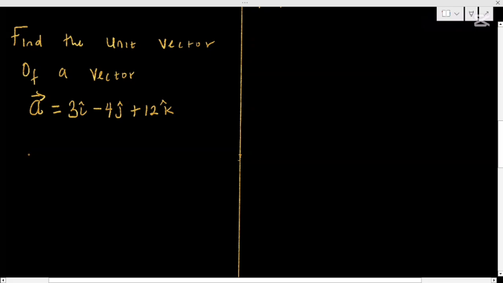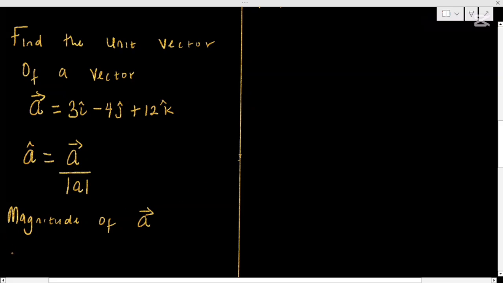Here, we'll be having a caret is equals to the vector A over the magnitude of A. So let's quickly find the magnitude of vector A.